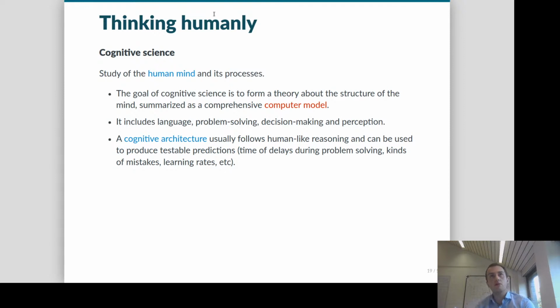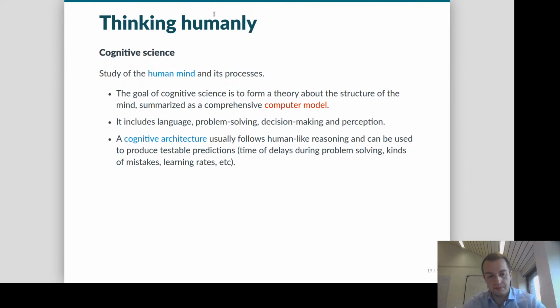And you would like to have these theories be so precise that you can actually write a computer model, implement a computer model of this theory. Okay, and so this model would include, of course, language, problem solving, decision making, and perception.